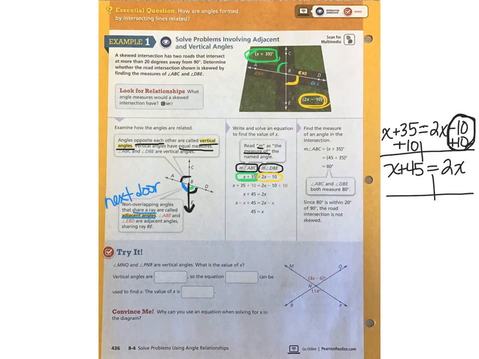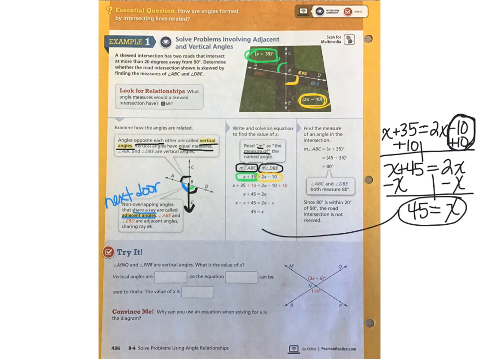Now I'm going to move the variable term. So let's take away the x from each side, and we get 45 on the left, and 2x take away one of those x's leaves us with the other x, and that must mean that x is 45.